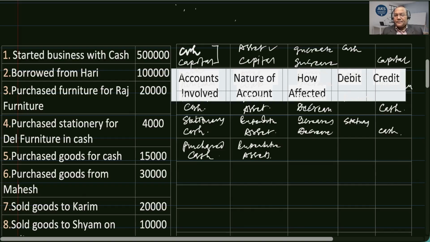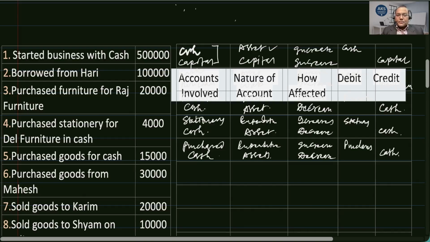There is an increase in expenditure in terms of purchases because it is a nominal account, so we will increase here, and there is decrease in asset because payment is made in cash. So finally, which account is to be debited and which is to be credited? Purchases is to be debited and cash is to be credited. I hope this is clear.